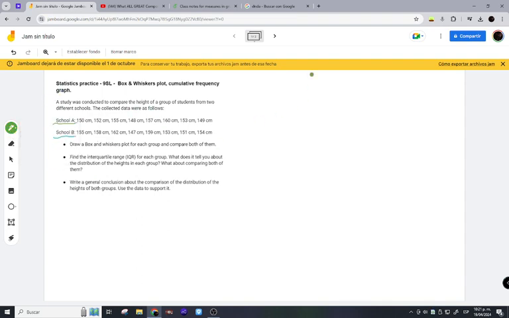And remember, in order to create a box and whiskers plot, we have to find 5 values for each set of data. So for school A, we will have to find the minimum, the quartile 1, the quartile 2, which is also the median, the quartile 3, and the maximum.